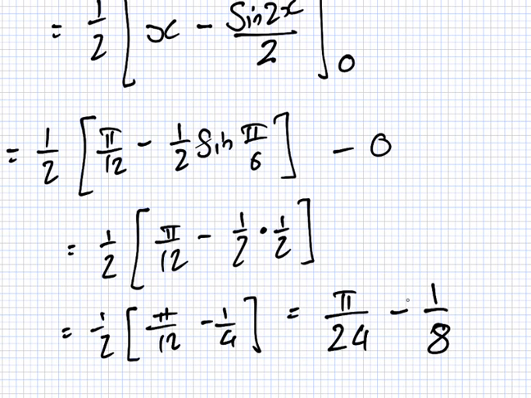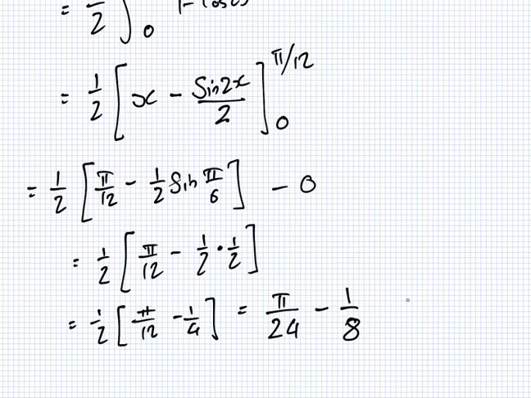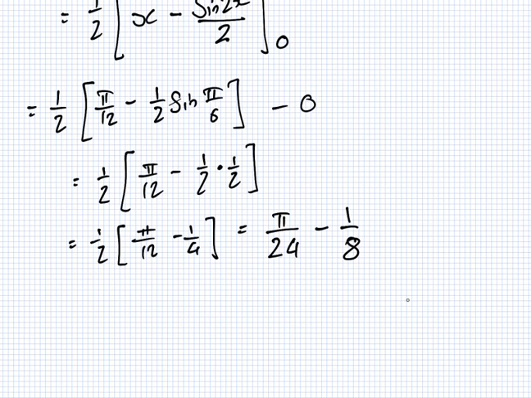So let's see if I get that. Yes, you should. I hope so. Yes, I do. So I know that this answer is right then. So that's 4 marks. Yeah, if you want, you can take the 8 out as well. Pi over 3 minus 1.